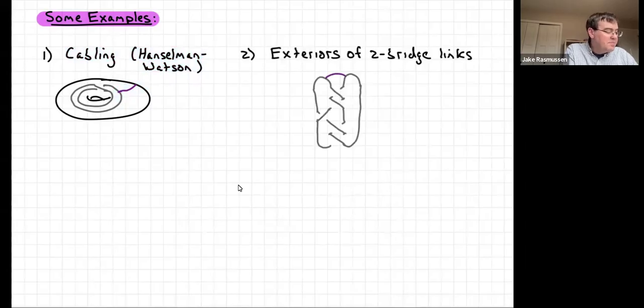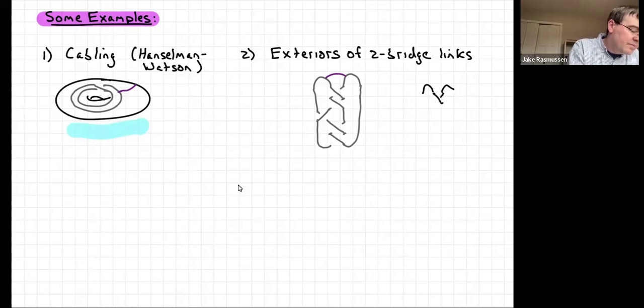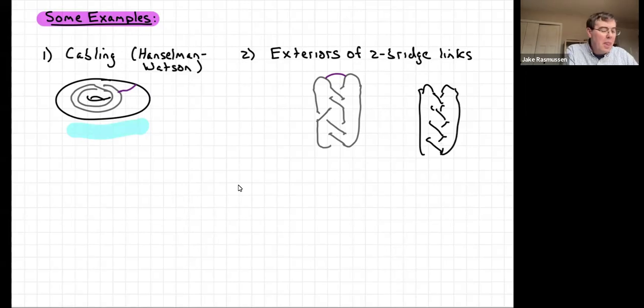Another example that generalizes this particular one that I've drawn here is that I could think about the exterior of a two-bridge link. This cabling pattern is the exterior of the two-bridge link 4/1 that looks like this. And this here is the two-bridge link 8/3, rational link 8/3, which corresponds to the Whitehead pattern, if you're familiar with that.